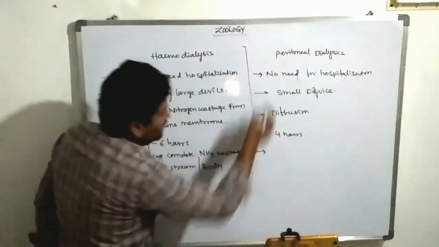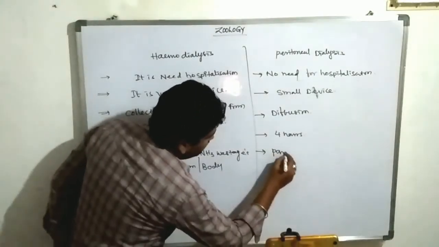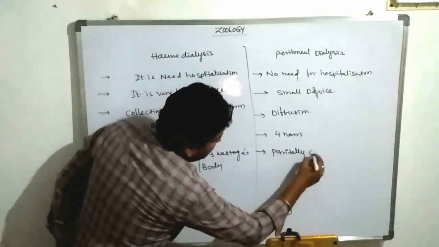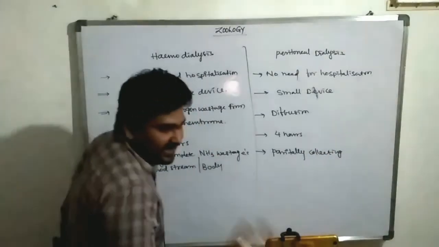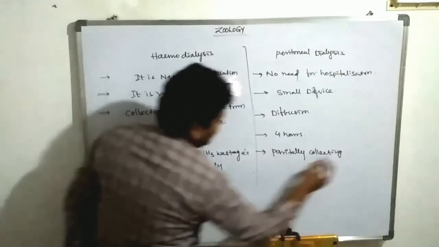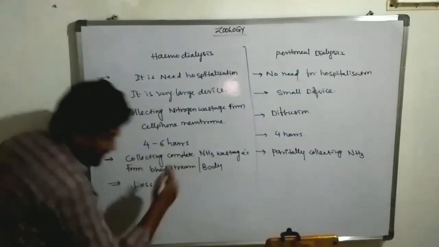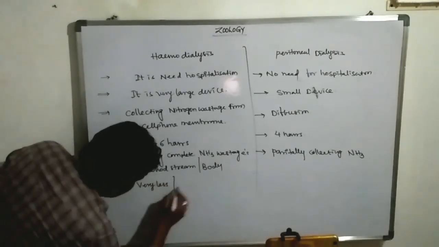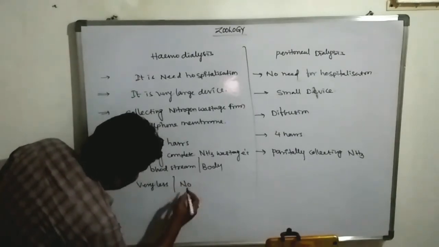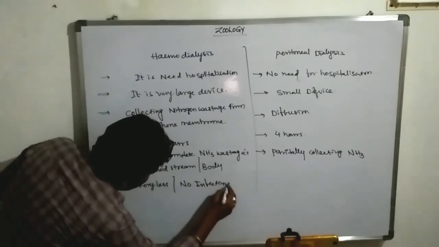Peritoneal dialysis collects nitrogenous wastes only partially, so the remaining wastes stay in the patient's bloodstream. There are fewer infection chances to the patient; in the majority of cases, no infections.